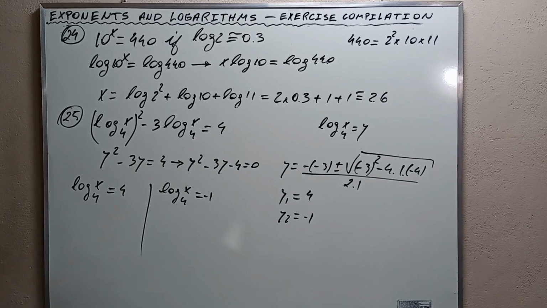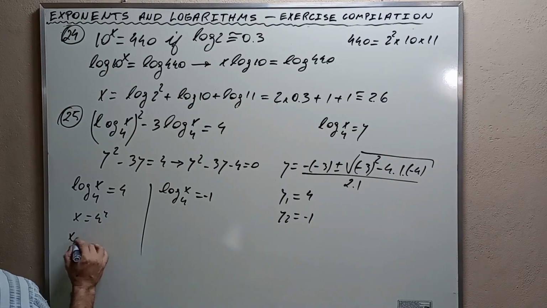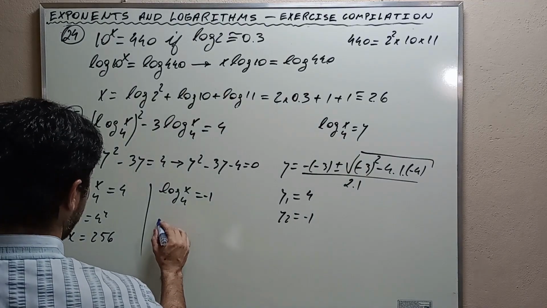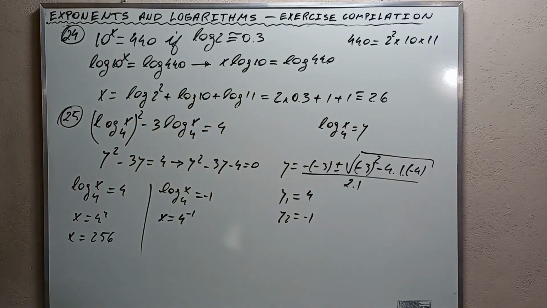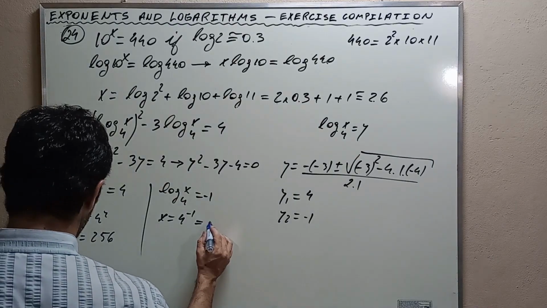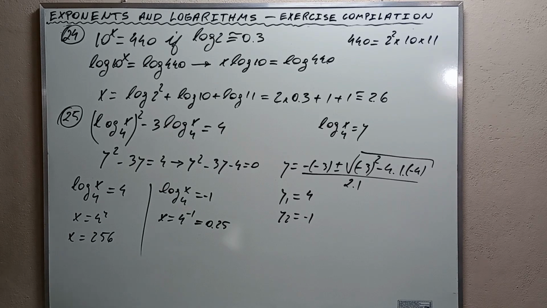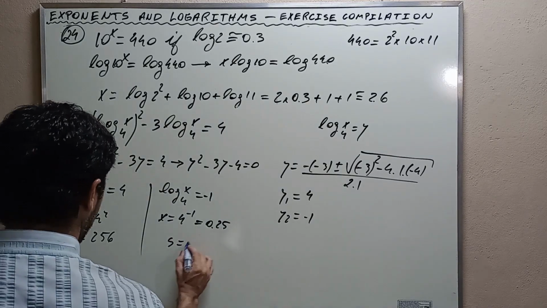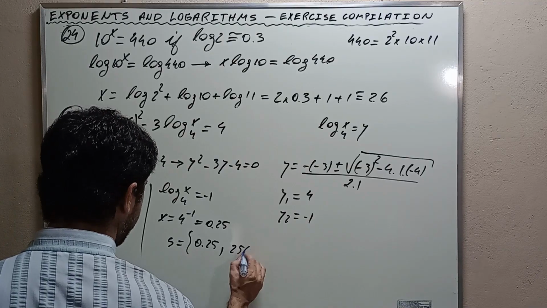Here, 4 to the 4th is equal to x, where x is equal to 256. And here, x is equal to 4 raised to the power of negative 1, which is equal to 0.25. Then the solution set of this equation here is equal to 0.25 and 256.